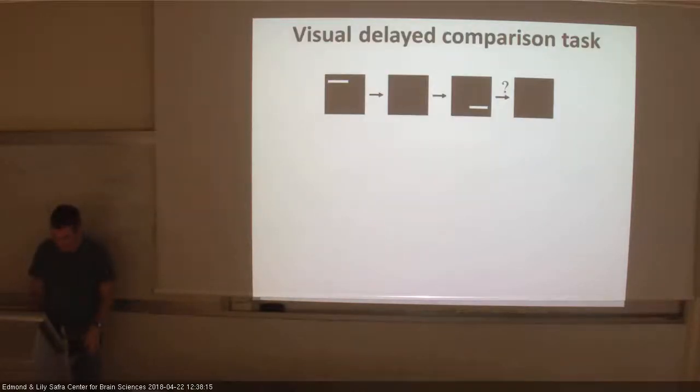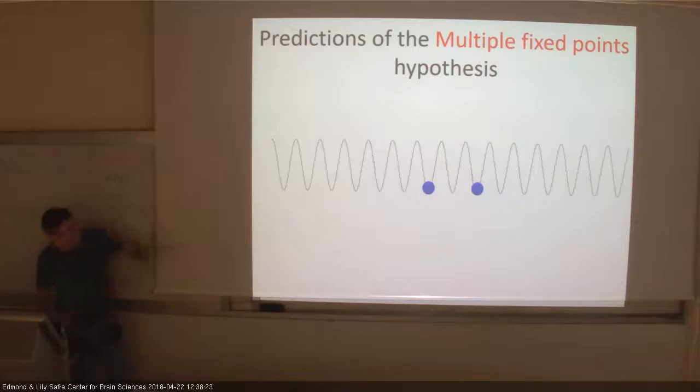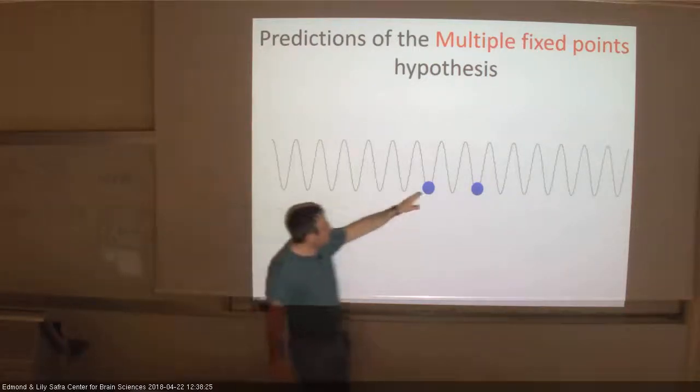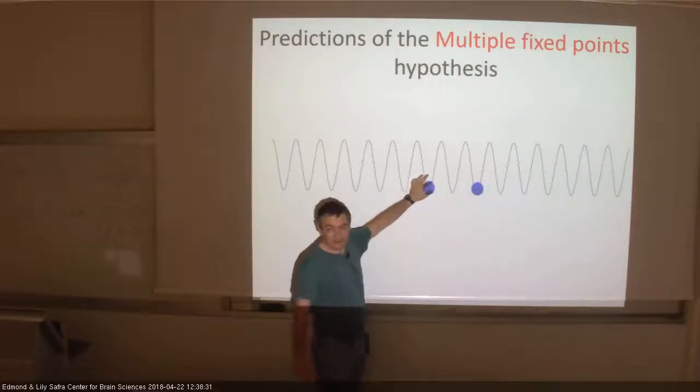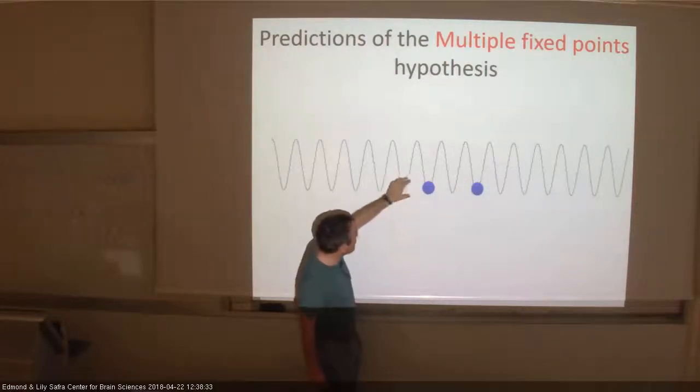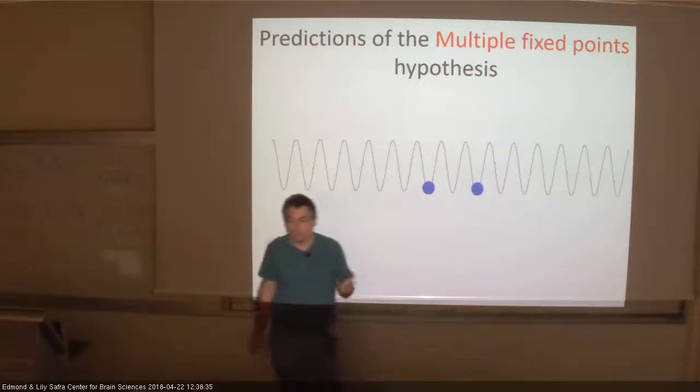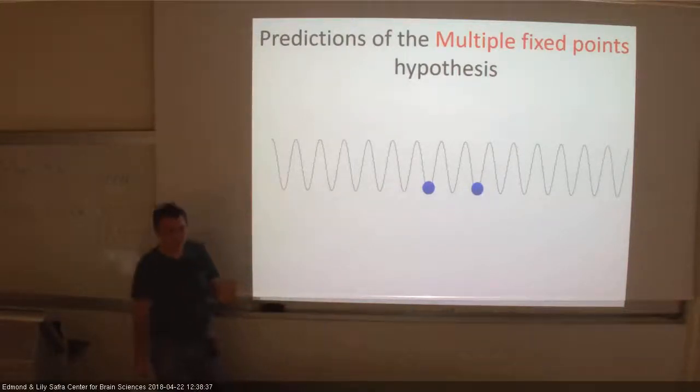So this is the experiment: you're presented with a bar, it disappears, and a second one. How am I going to identify these fixed points? Well, in order to do that, I need to ask you, what did you remember?